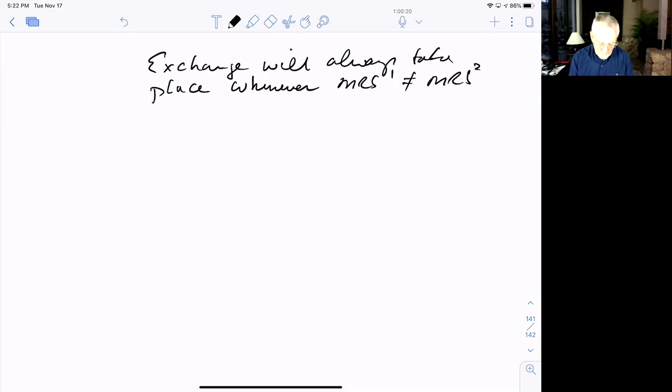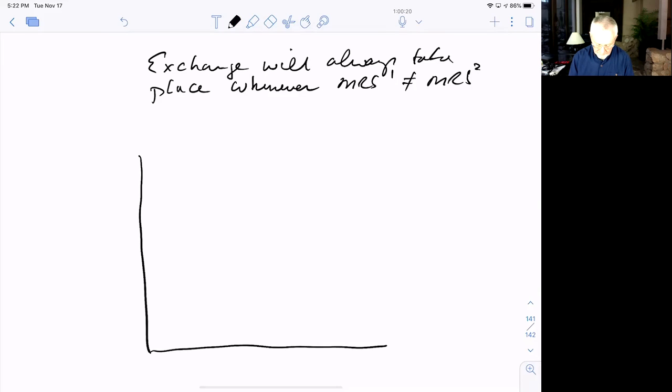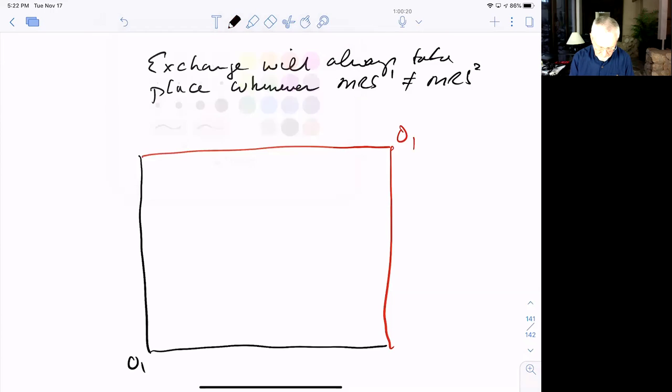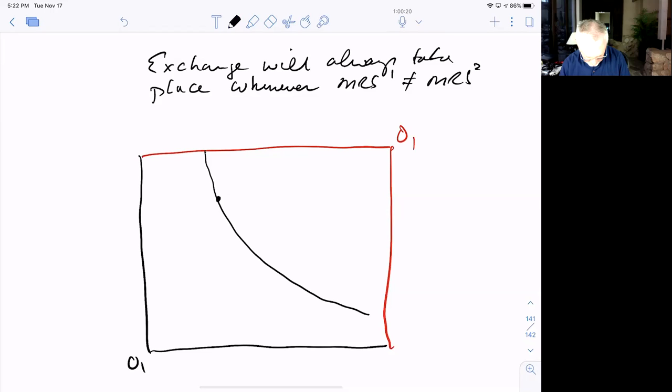Now, if I were to come back to my box here and take a point at the other side here, say, rather than make my point A down in the lower right-hand part of the box, suppose I made my point A up here, my starting point right here, and exactly as before, there's the indifference curve of 1 that goes through that point.